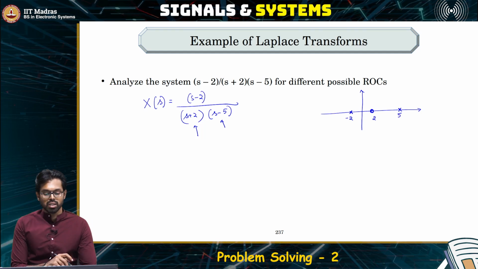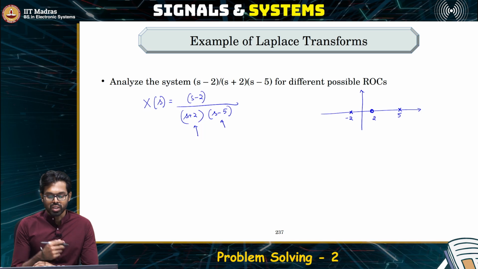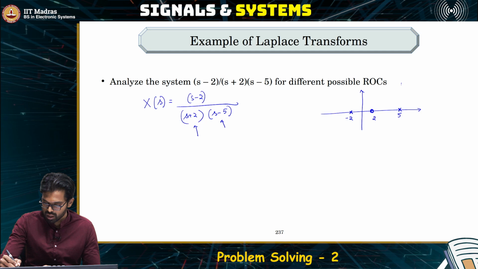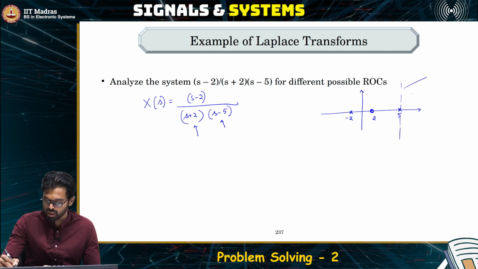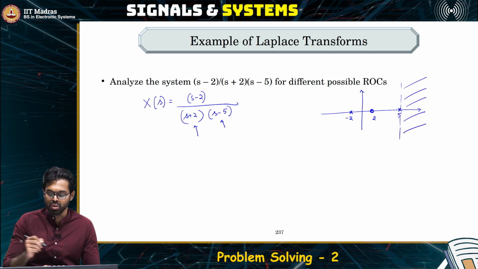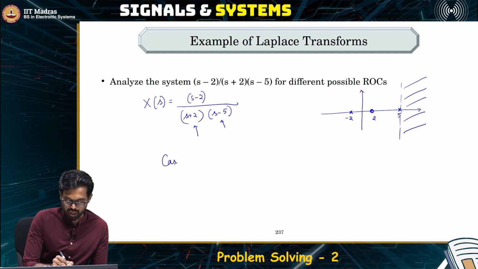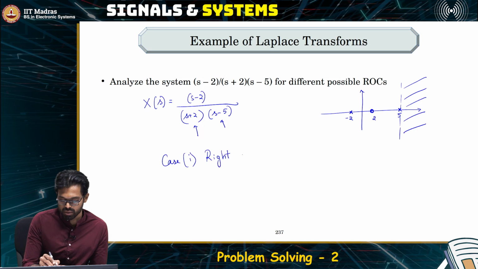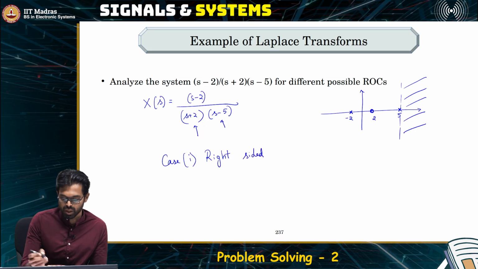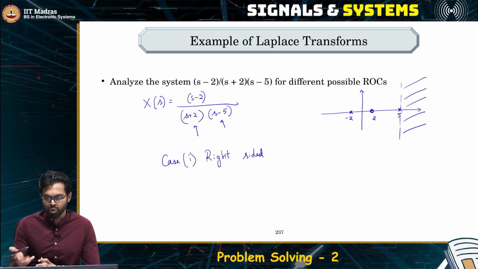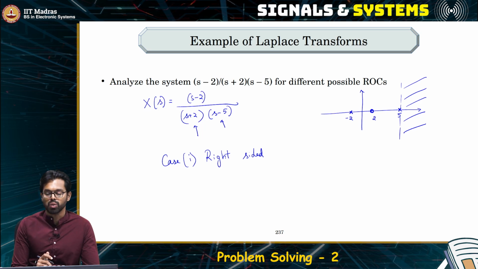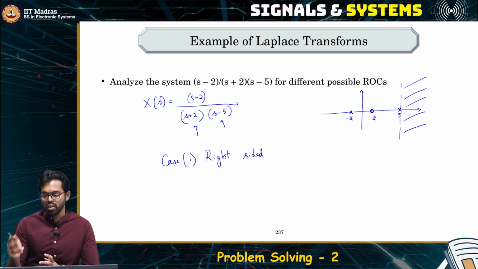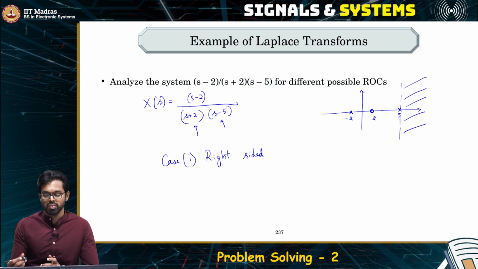Now, this is a rational system. If it was a right-sided signal, then the ROC would be to the right of the rightmost pole. This is case 1, the right-sided signal. Clearly there are two poles in the ROC region, which means the ROC cannot be the entire S-plane. If the ROC were the entire S-plane, there would be poles inside and the signal would grow unbounded, which does not make sense.